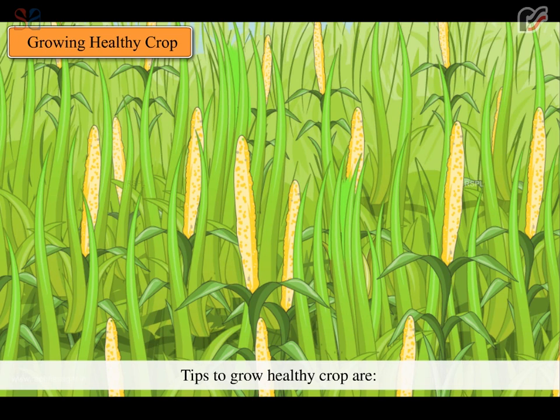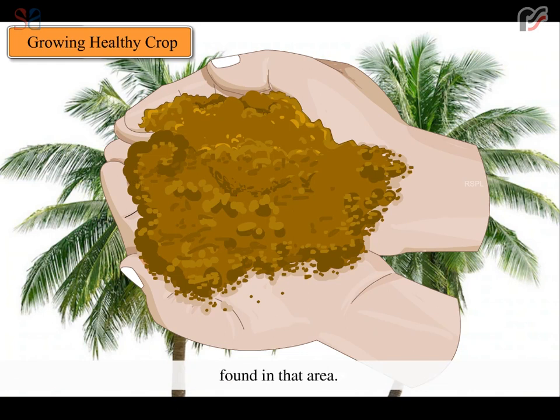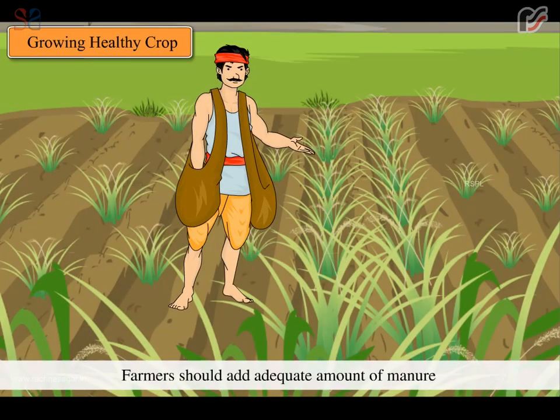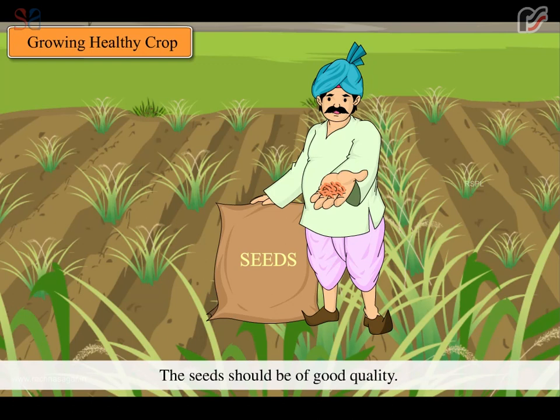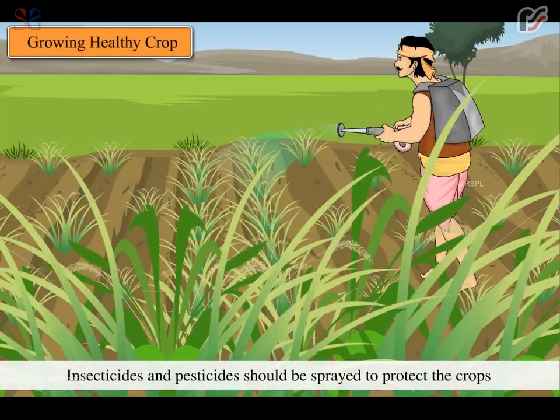Tips to grow healthy crops are: the crop to be grown should be selected on the basis of the type of soil found in that area. Farmers should add an adequate amount of manure and fertilizers to the soil to make it fertile. The seeds should be of good quality. An adequate amount of water should be provided at different stages.